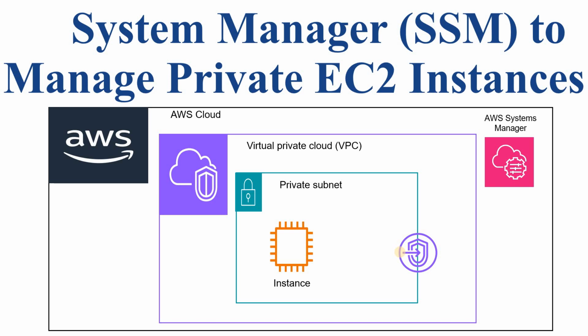A VPC endpoint is a kind of private connectivity, or basically it creates a private link between an AWS EC2 machine and AWS managed PaaS services like AWS System Manager in this case. Through this private link, the transactions between the EC2 machine and AWS System Manager can happen through a private connectivity, or in general through the AWS-provided backbone network.